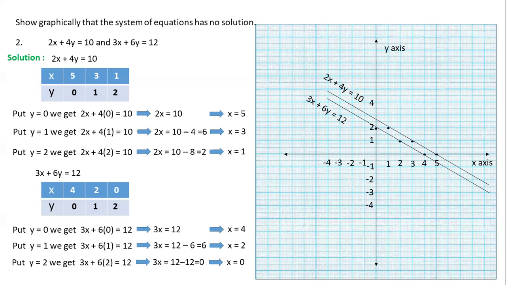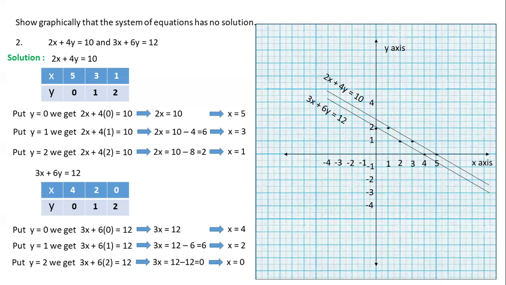When do we say the system has a solution? When they intersect each other. But since they are parallel, they will never intersect. When they don't intersect, there is no point common to both graphs. Therefore, we say the system has no solution. It's a case of no solution.